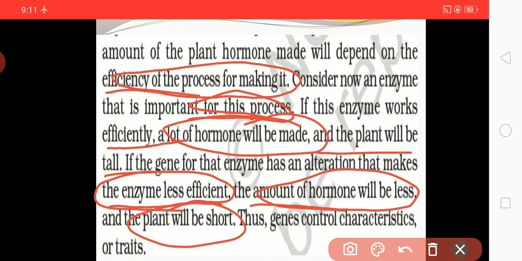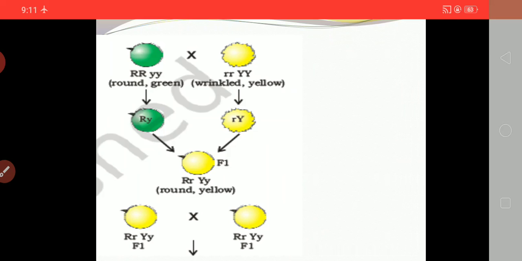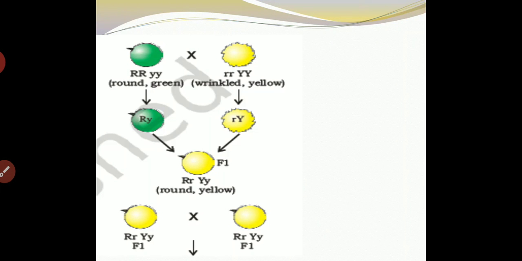So the height of a particular plant totally depends on the efficiency of an enzyme as well as the amount of hormones. If the enzyme is efficient, it will produce a lot of hormones, and the plant will have good tallness.